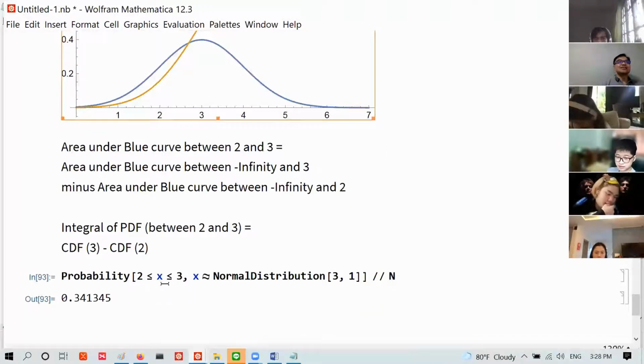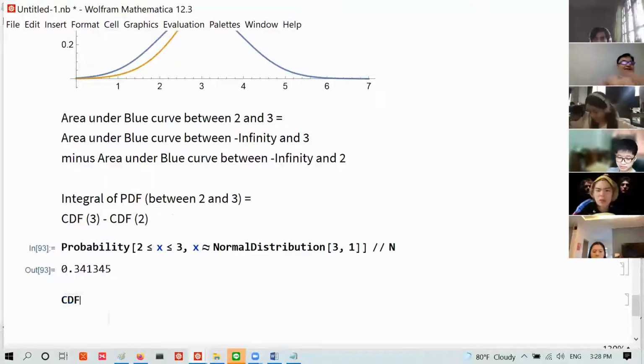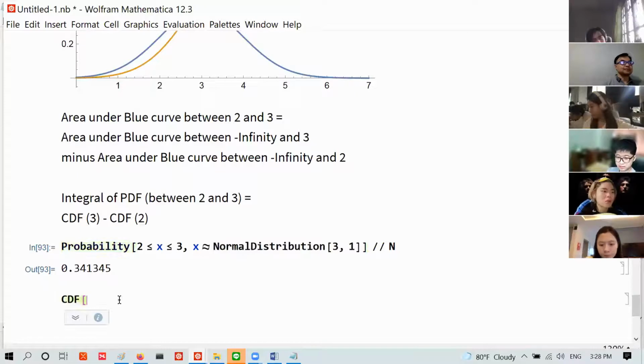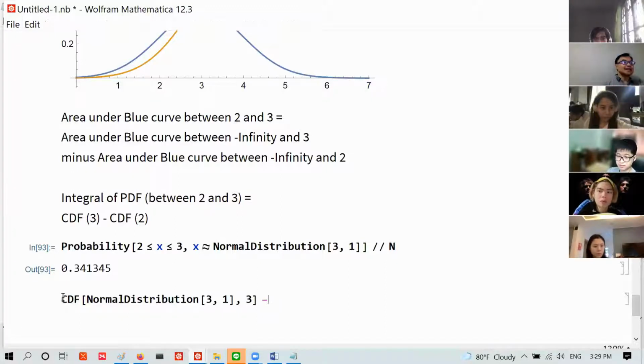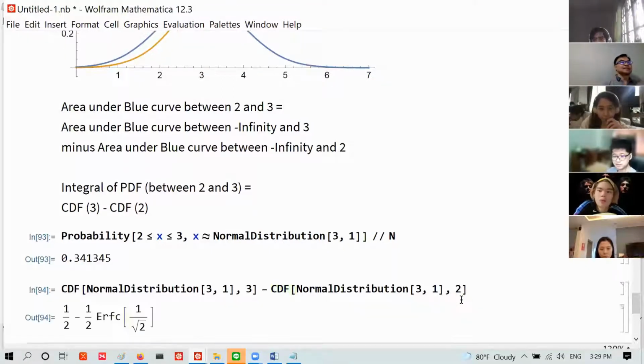Now, let me see if this is true. This is the number I want. CDF at 3 minus CDF at 2.